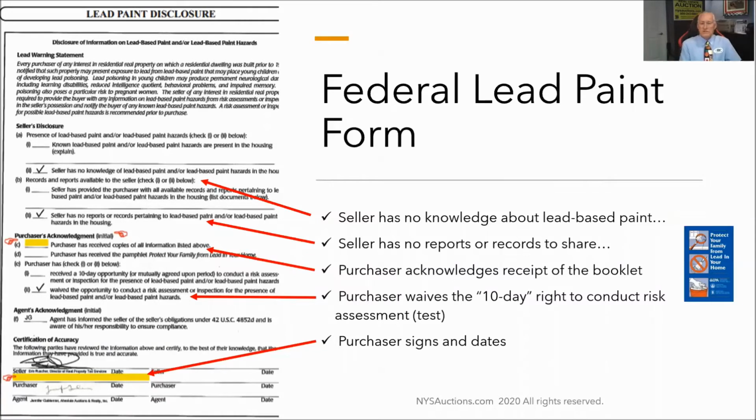So what is the seller telling us? Again, these forms are pre-filled and you're going to acknowledge them. The first thing is the seller says they have no knowledge of any lead-based paint in these homes. So they haven't done any type of testing. We've never had a municipality actually do a lead paint test officially. So there's no report to share with you.